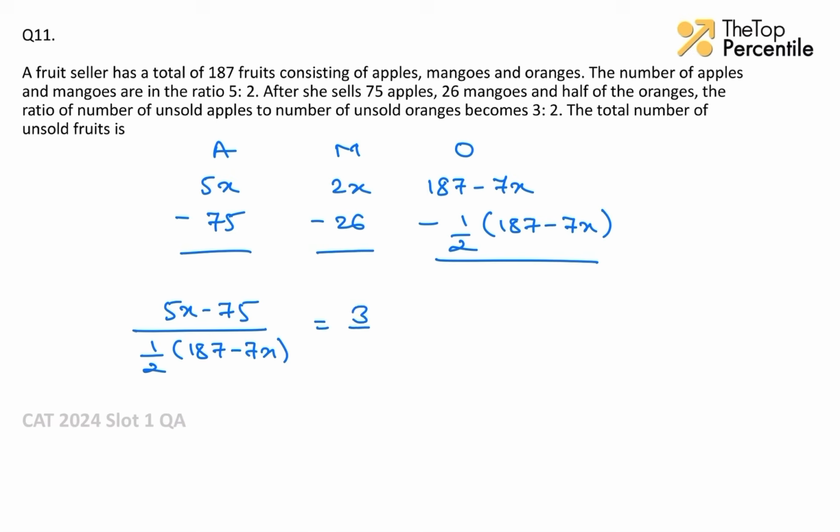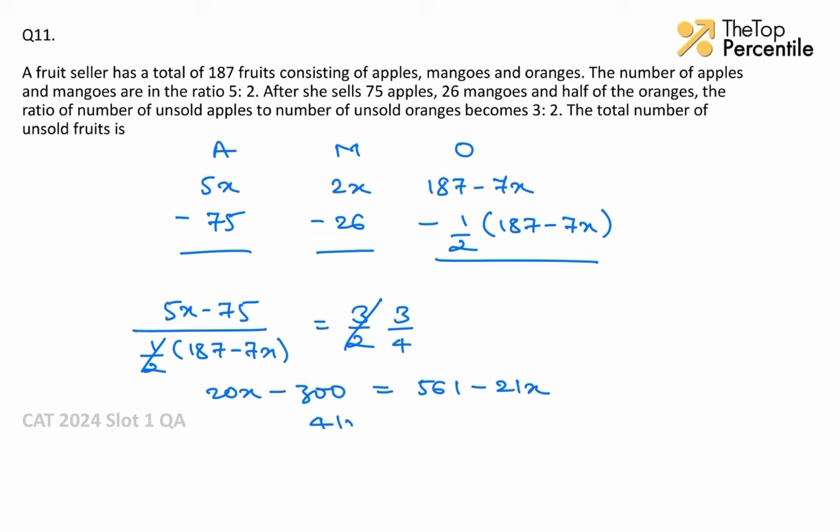This will be 3:2. So let's take this to the right hand side and this will become 3 by 4. Now let's cross multiply. I'll get 20x minus 300, which will be equal to 187 into 3, 561, minus 21x.